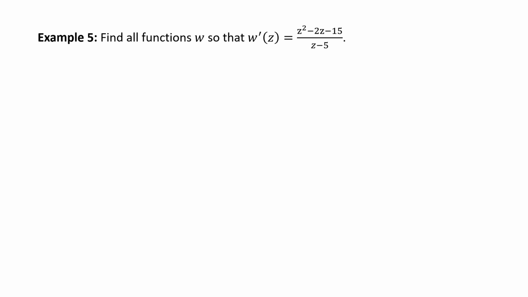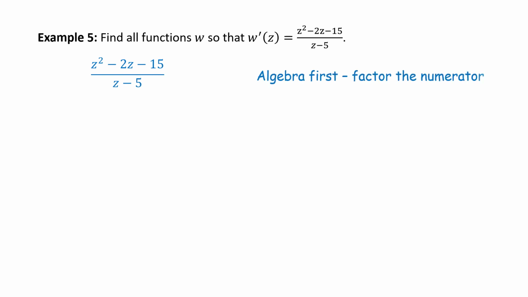Example. Find all functions w so that w prime of z is equal to z squared minus 2z minus 15, all divided by z minus 5. We'll begin with that quotient, z squared minus 2z minus 15 divided by z minus 5. We're going to do some algebra first, and by that we're going to factor that numerator.